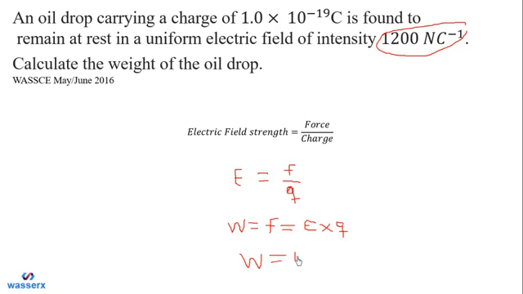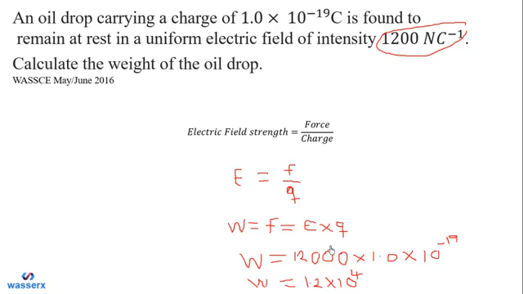So we have 1200 over here, then times the charge, which is 1.0 times 10 exponent negative 19. 1200 is the same as 1.2 times 10 exponent 3.